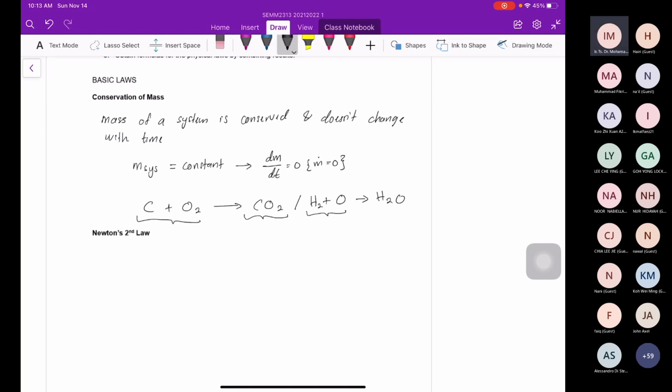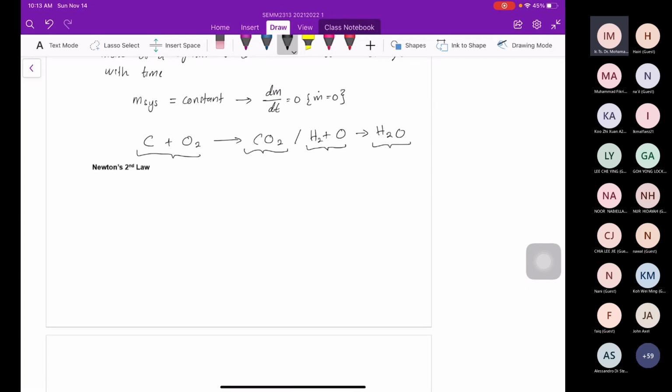This is before and this is after. The mass before equals the mass after, even though there is a reaction. I hope you understand conservation of mass. When there is a reaction inside the system, before and after, the mass doesn't change with time. The mass will not change with respect to time.